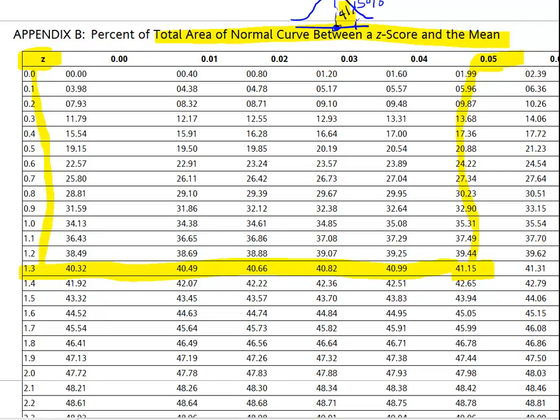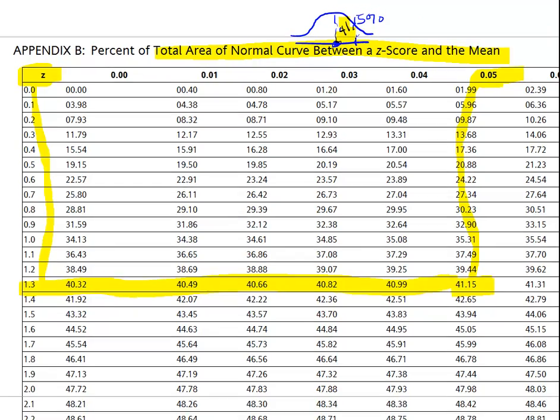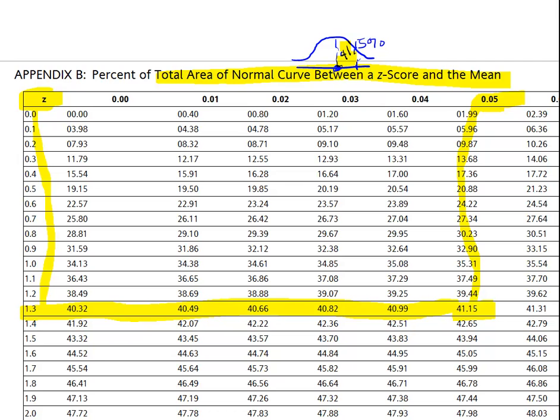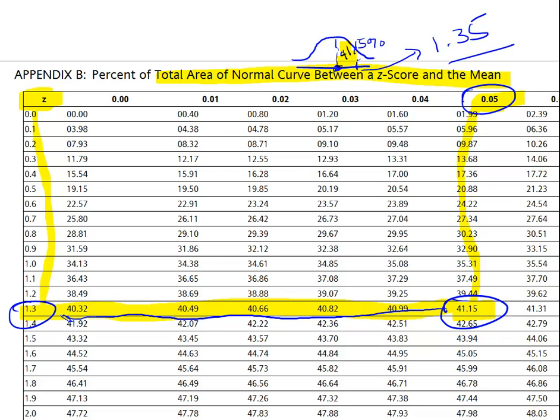So it would actually be 1.35. Okay? So I hope that makes sense. I found this first, and then I had to go across to get to what my Z-score is.